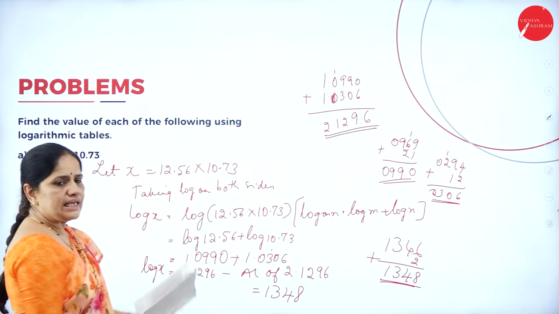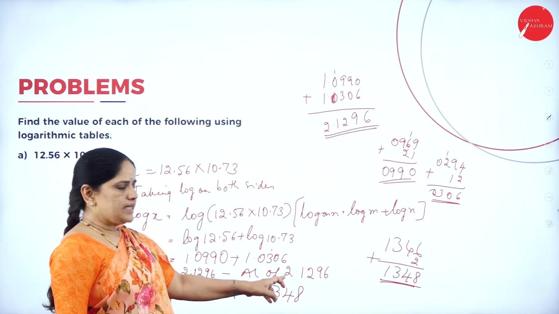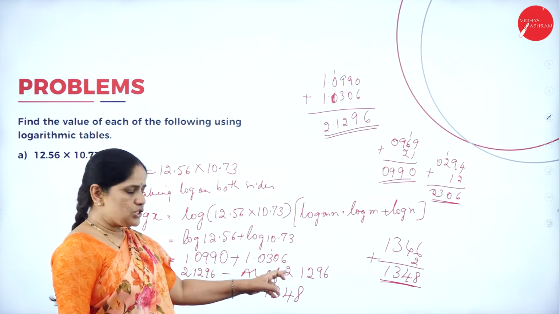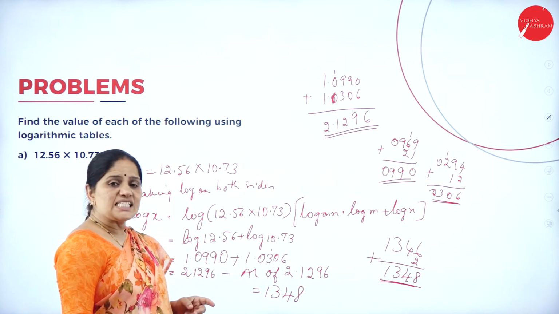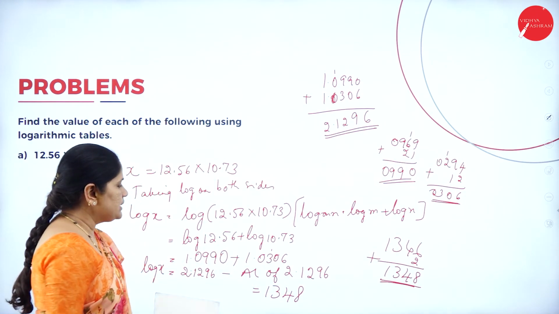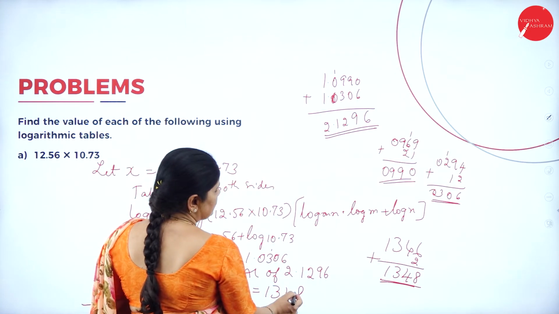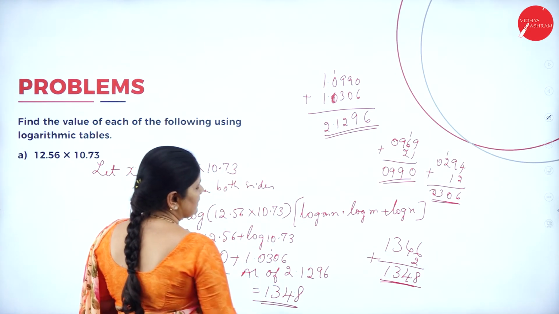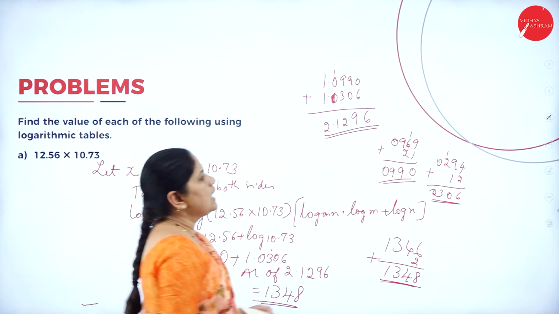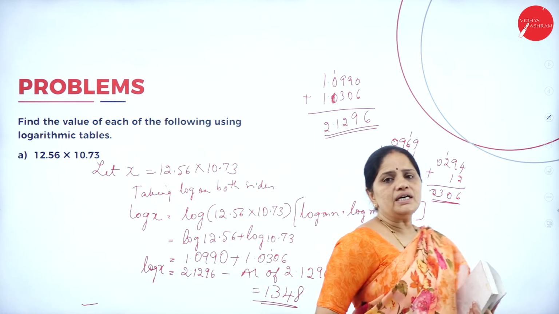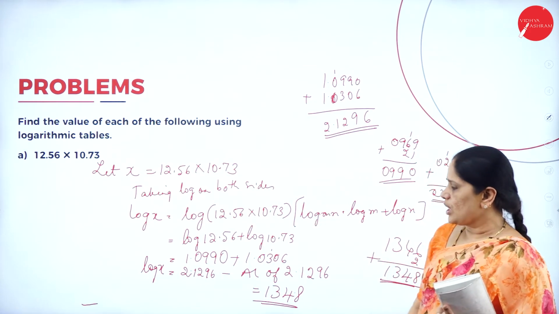Now you see the characteristic here, it says 2. If it is 2, I should add 1 to this 2, so it becomes 3. So I will put the decimal point after 3 digits. So 134.8 is the answer. This is how we solve problems based on logarithms.